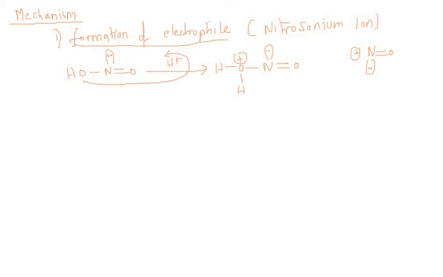We know that oxygen is a highly electronegative atom, so the positive charge is not stable over it, so it breaks this bond and releases a water molecule. Further we have N double bond O positive with a lone pair, plus H2O.